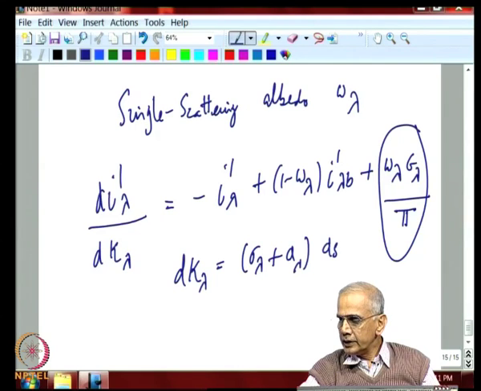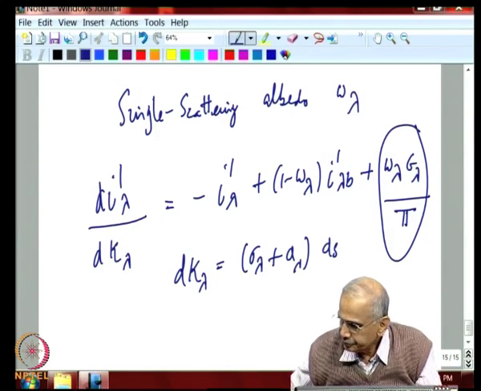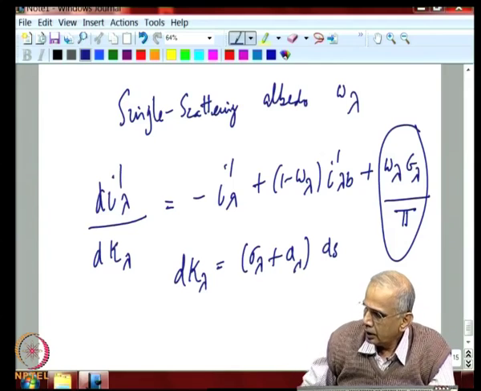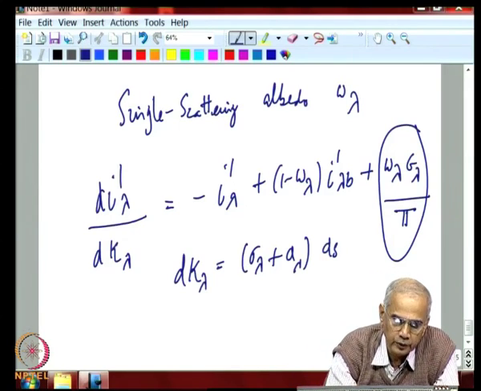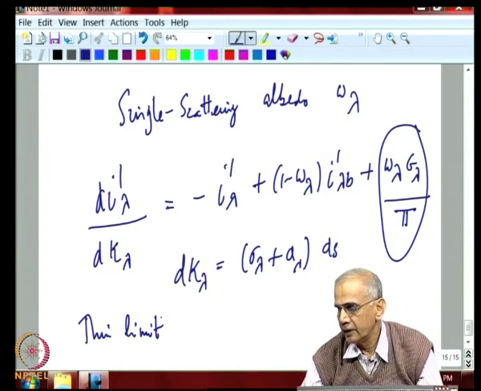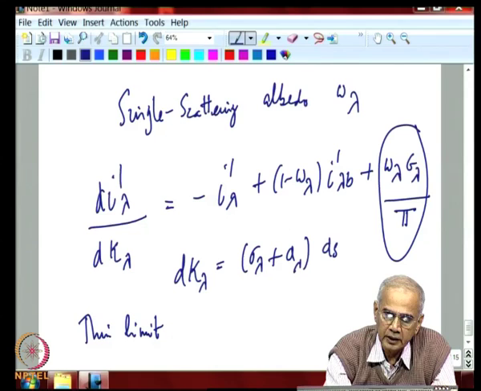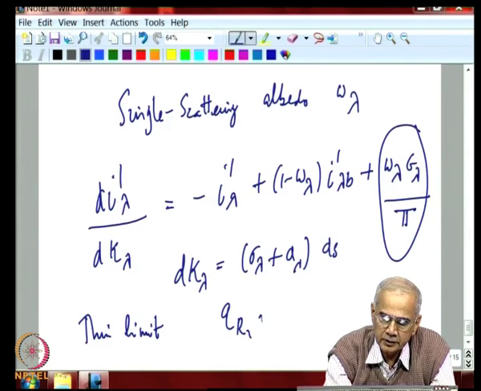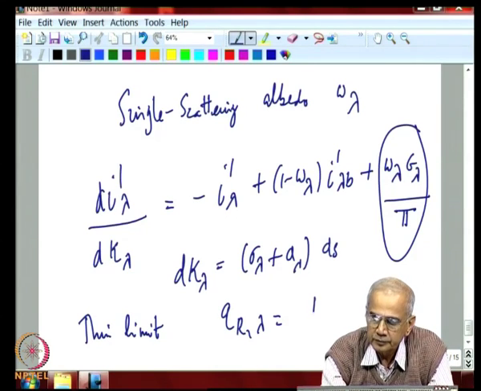Now, in spite of these complications, we can still argue that in the thin limit, when both the scattering and absorption coefficients are small, one can still calculate the flux as from surface 1 minus surface 2.